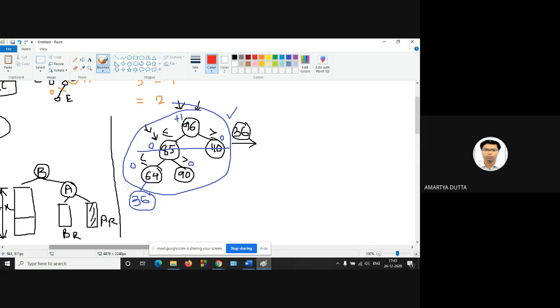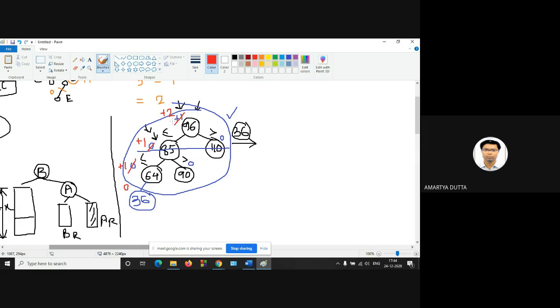Balance factor of 36 is 0. 64 is plus 1. 90 is 0. For 85, this is plus 1. For 96, plus 2.